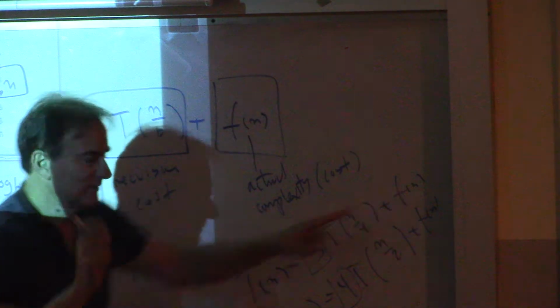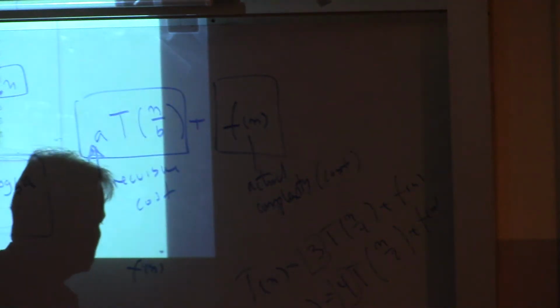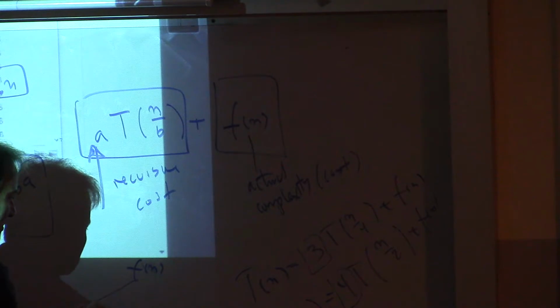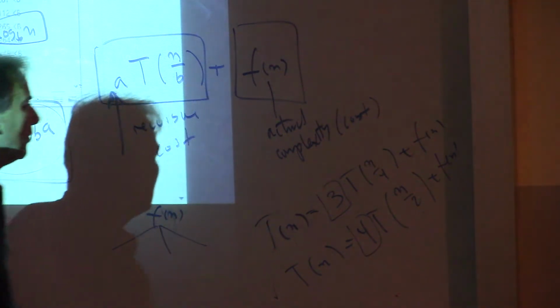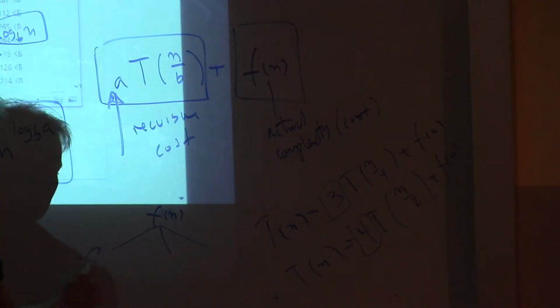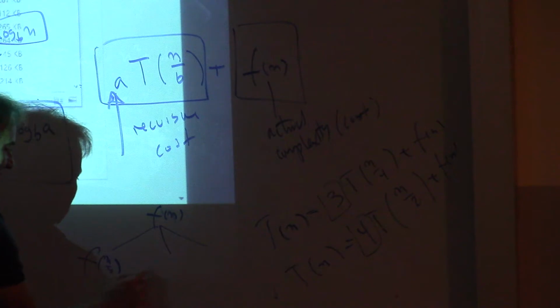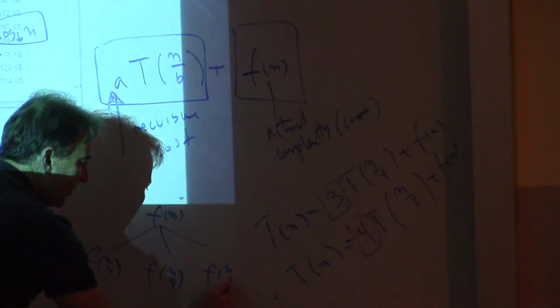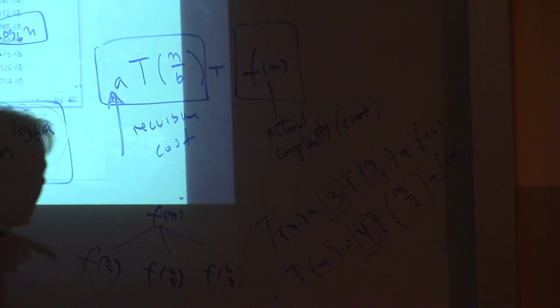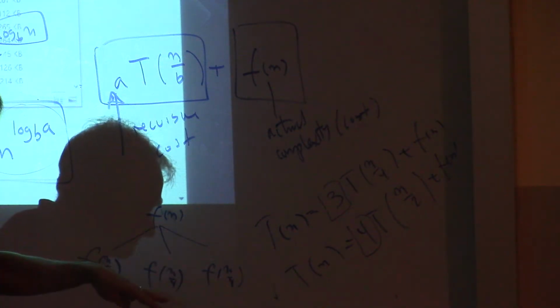Then I split how many times? 3 times. And for each of them, I'm sending in what part of the problem? n over 4. So it's going to be f of n over 4, and then f of n over 4. Right? And as I go again, that's level 1.